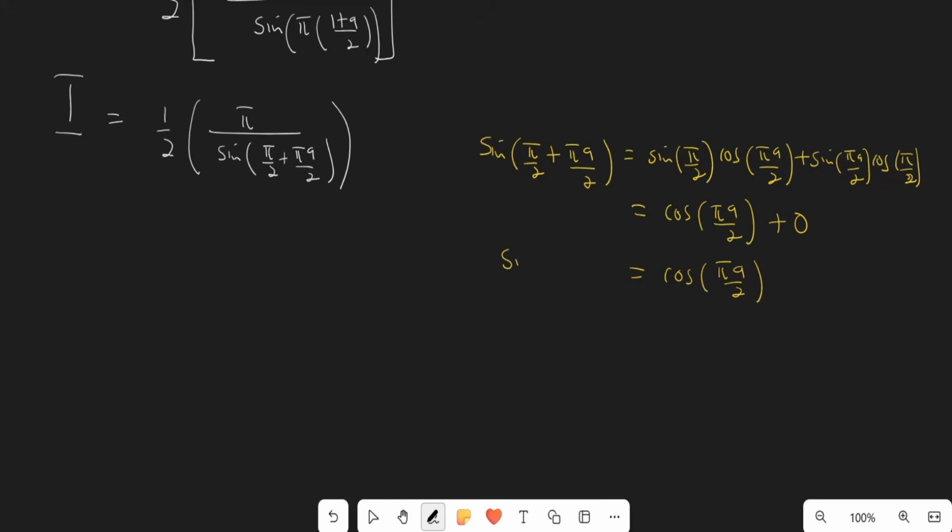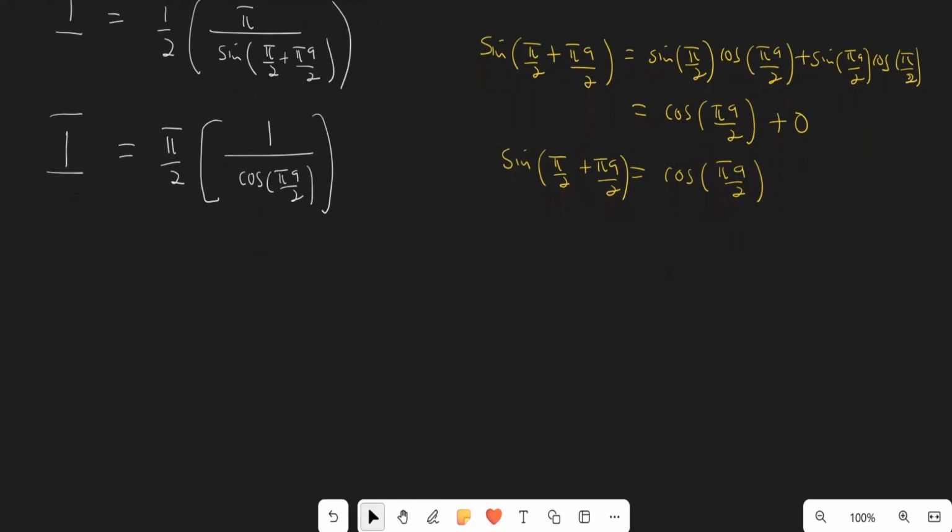So this is the same as the sine of pi over 2 plus pi a over 2. So in place of this, I'm going to write that. The integral will now simplify to this. This is 1/2, and then this will now be pi over 2, right? I'm going to bring the pi out, so pi over 2 multiplied by 1 all over cosine of pi a over 2.